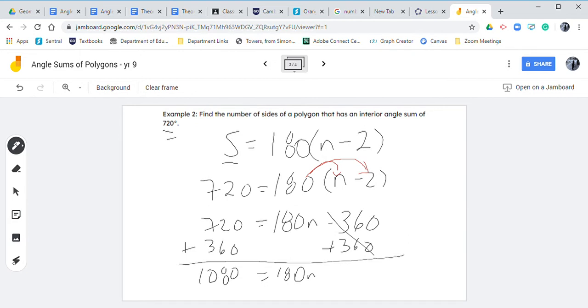I now need to isolate n further by dividing 180n by 180 and 1080 by 180. My 180s cancel out on that side, and I get that n equals 6. So the number of sides of this polygon is 6, a hexagon. I hope that makes sense how I did that. That's how you do that one.